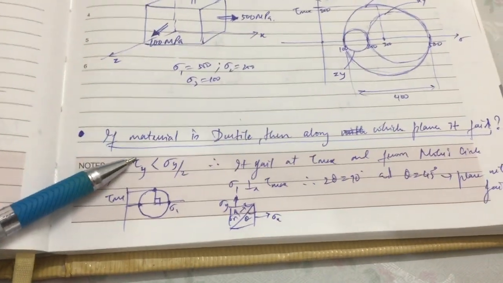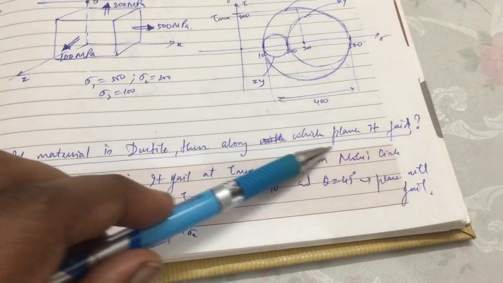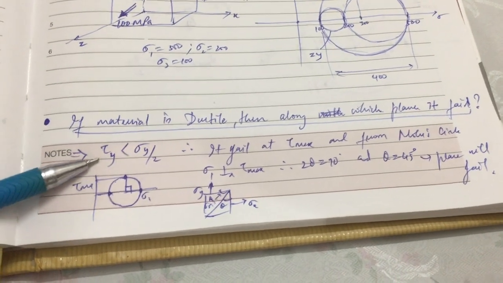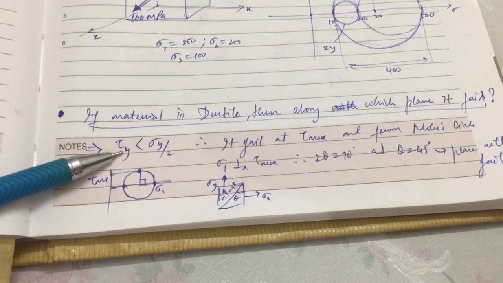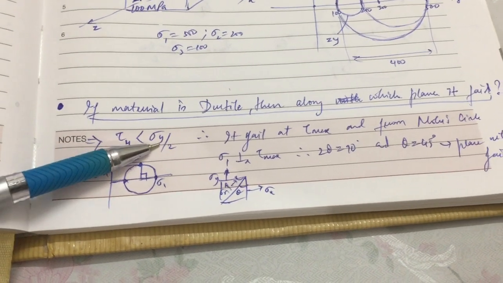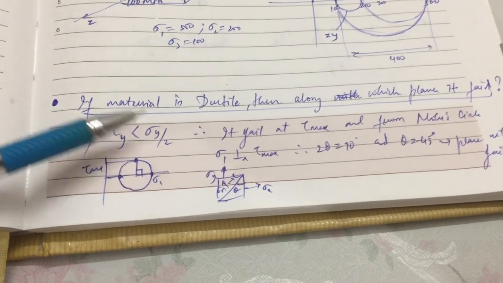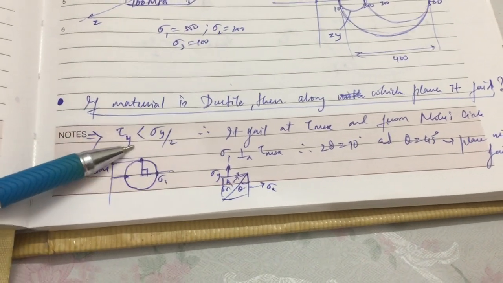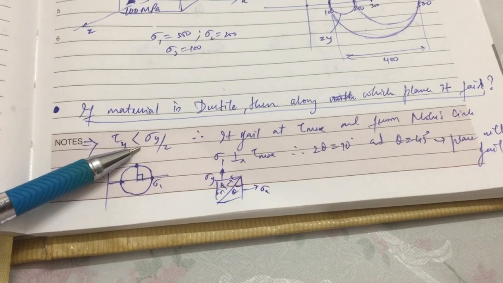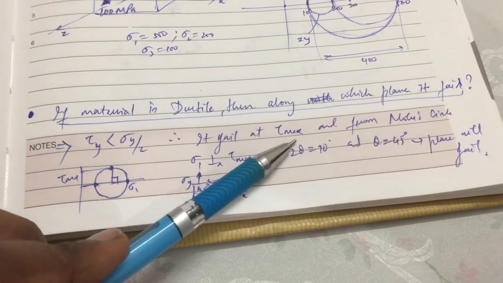Okay. If the material is ductile, then along which plane does it fail? As we have seen in the previous lecture, for ductile materials the yield shear stress is less than half of the yield strength. This is for the ductile material, and for brittle it is the opposite. So this has a weaker shear stress capacity. That means it fails at the maximum shear stress.